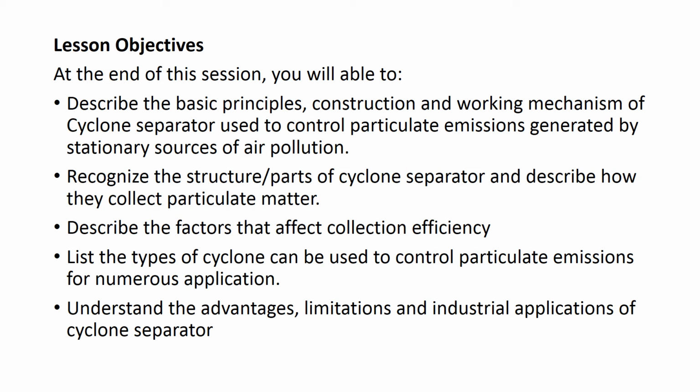As we discussed in the last session, the gravity settling chamber can be used for particle sizes greater than 50 microns. The cyclone separator can be utilized for particle sizes ranging from 5 to 25 microns. It is simple to design and maintain.